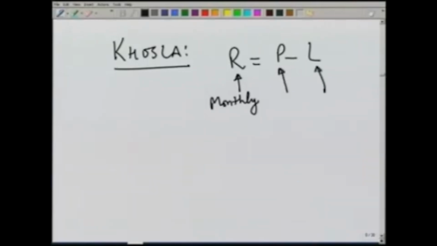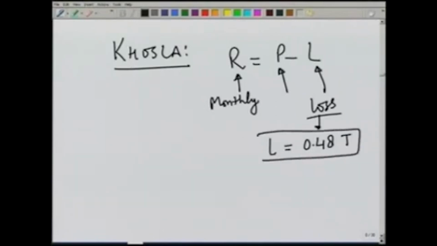L is the loss, and this loss typically depends on the mean monthly temperature at that area, and Khosla has given a relationship which says that L will be equal to 0.48 T, where T is the mean monthly temperature.